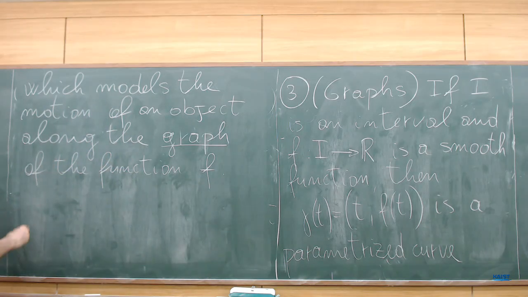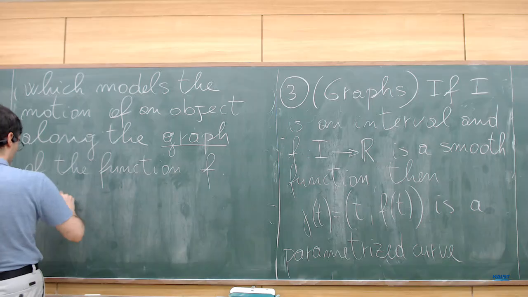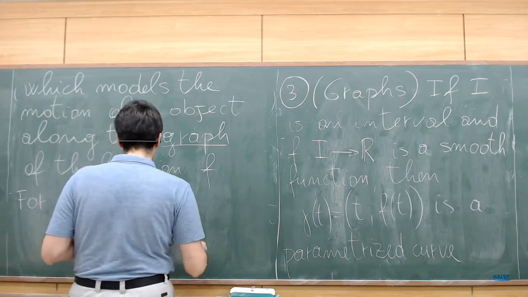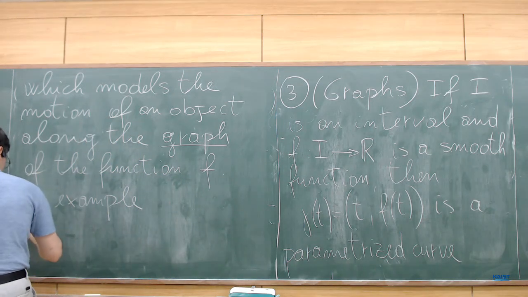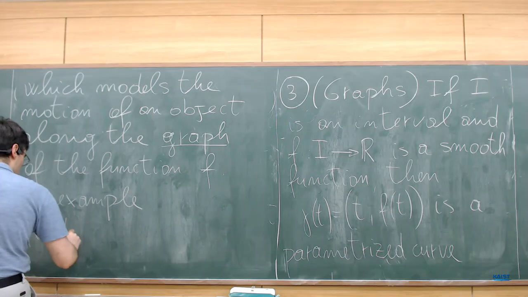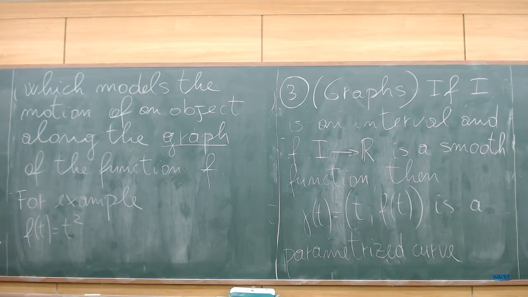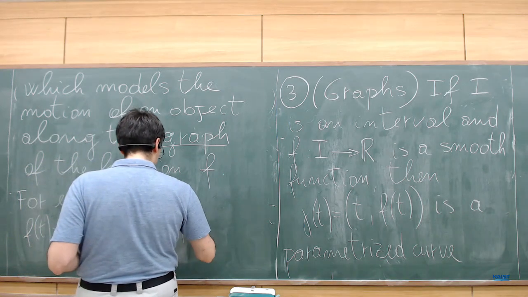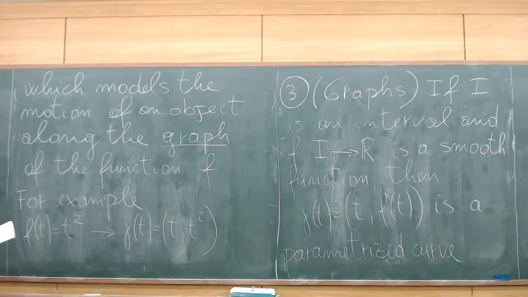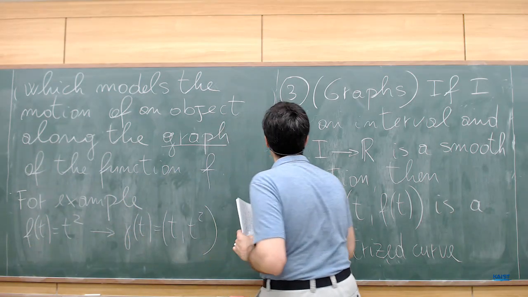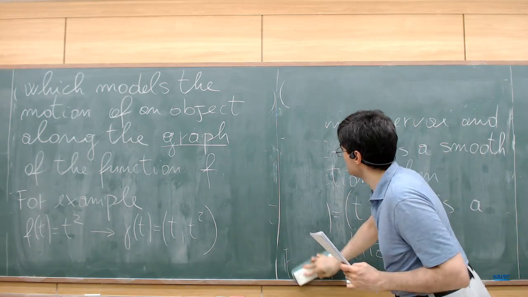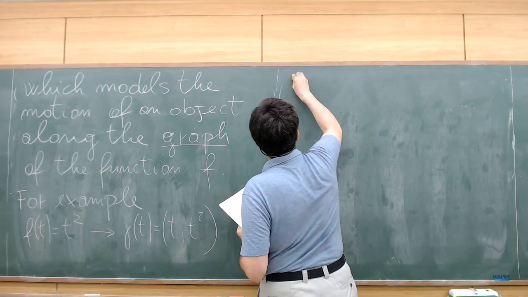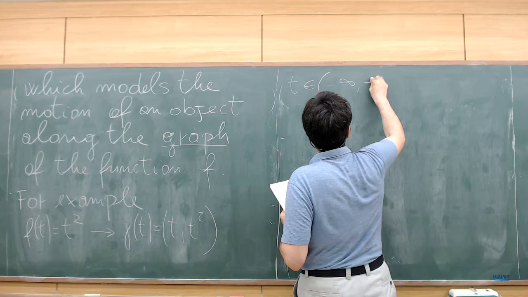So example, consider f of t equal to t squared. This means that gamma of t is equal to t, t squared, and we can assume that t varies in minus infinity plus infinity.